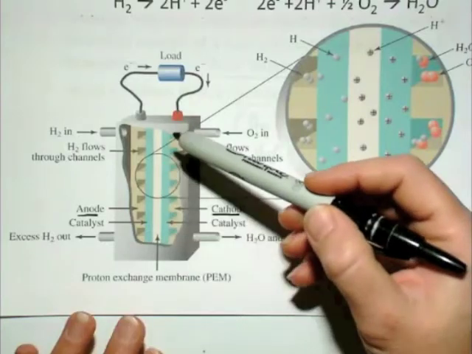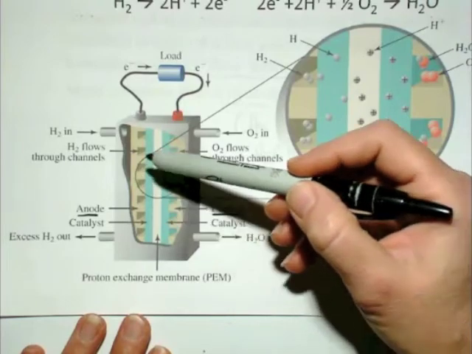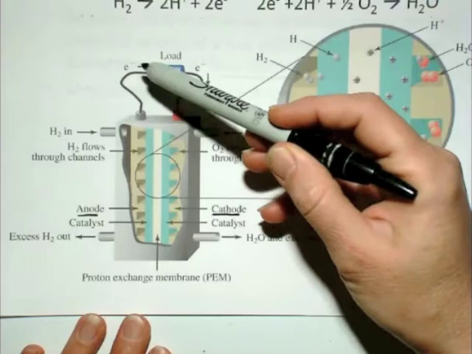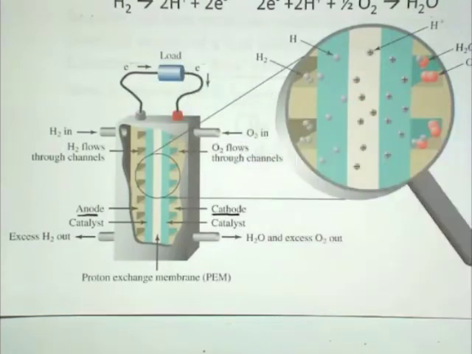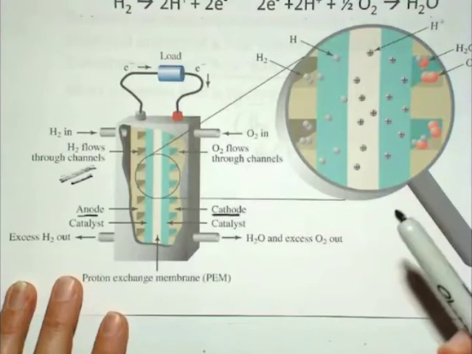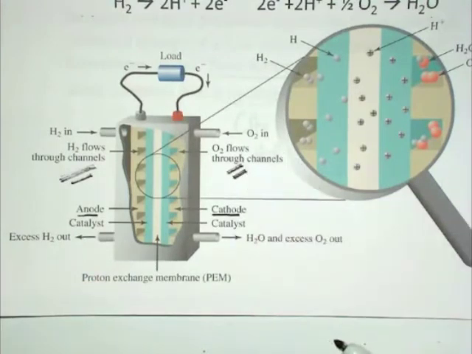Again, we keep the anode physically separated from the cathode compartment, and the electrons are shuttled through an external wire, so we can get work out of the flowing electrons in the form of electricity. In this case, hydrogen is flowing in on the anode side, and oxygen is flowing in on the cathode side.